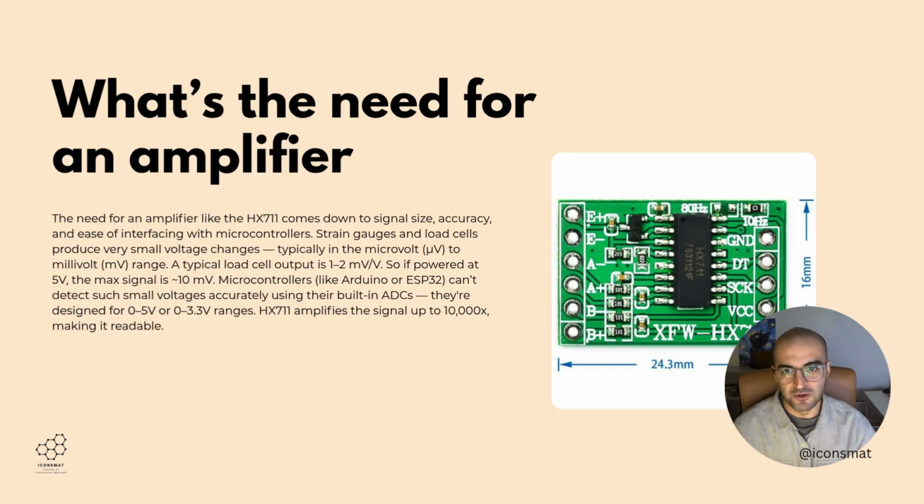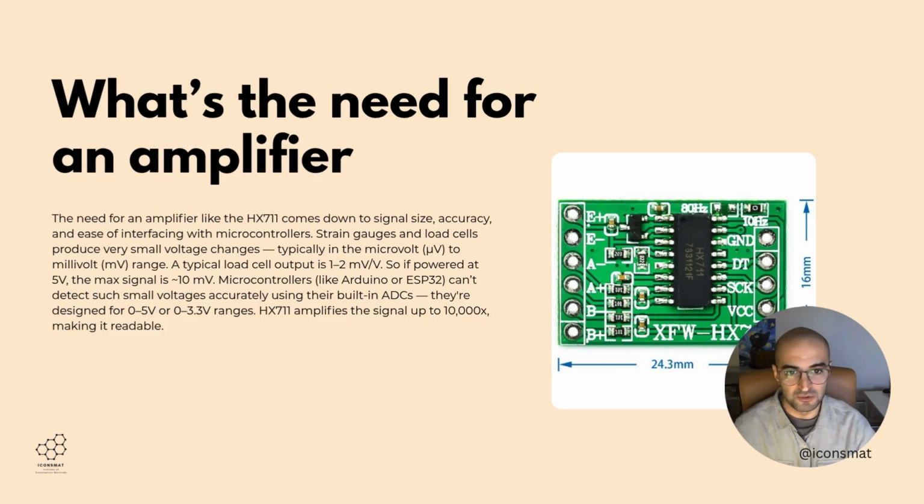Strain gauges and load cells produce very small voltage changes, typically in the microvolt to millivolt range. A typical load cell output is 1 to 2 millivolts. So if powered at 5 volts, for example, the maximum signal is around 10 millivolts.